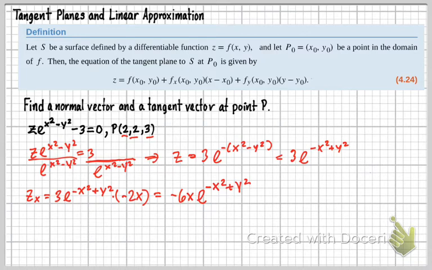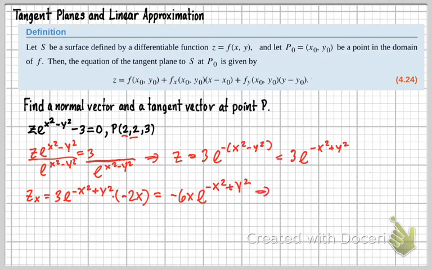Now I'm plugging in the point 2, 2, 3. Now remember, for this process, I won't need the z, because look at my formula here. It's x naught, y naught. So the z doesn't play a role. The z plays a role in the end, and my z is actually 3 for this piece. So we'll worry about that later.